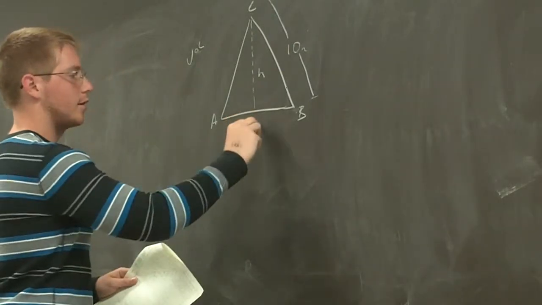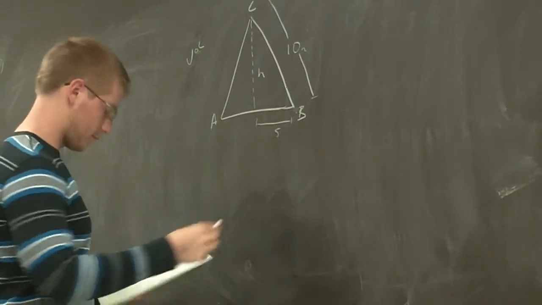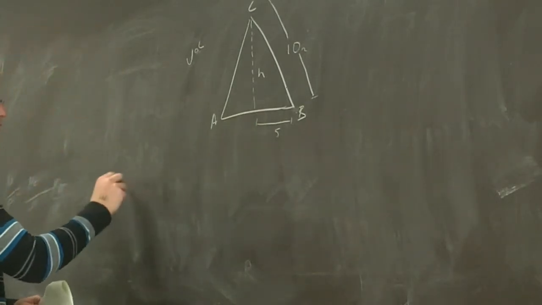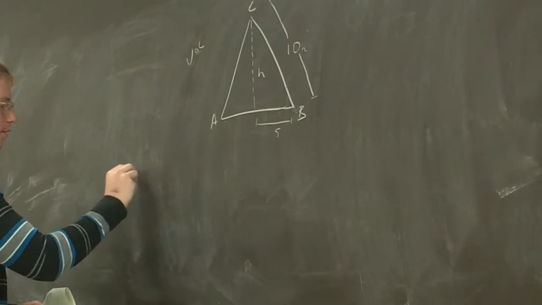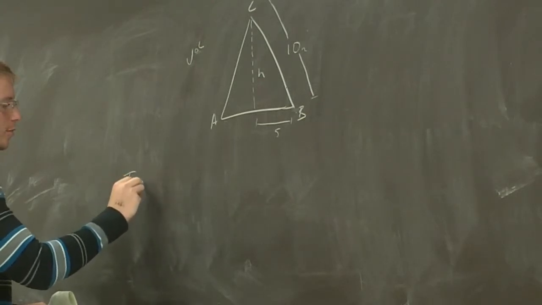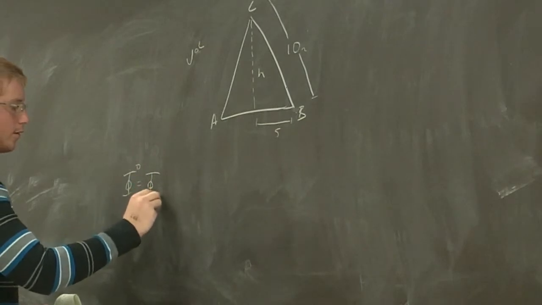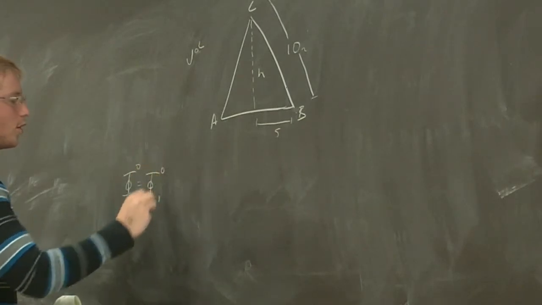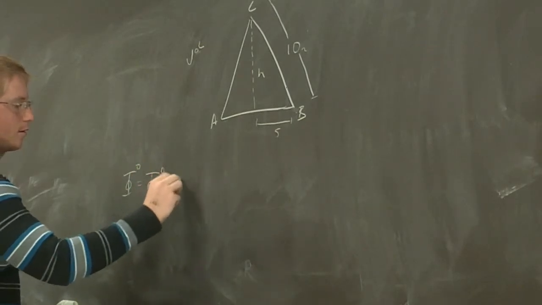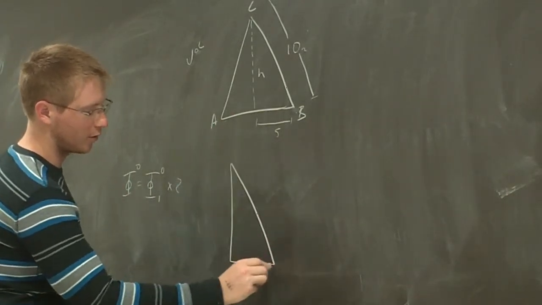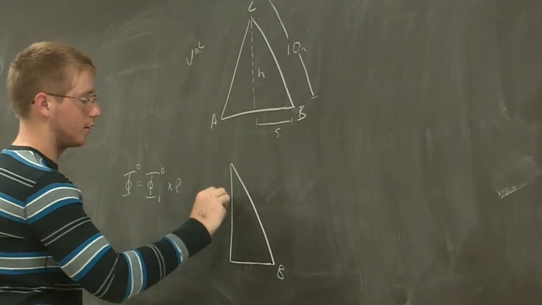So this distance is 5. From before, our total fluence is going to be equal to 2 times the uncollided fluence. I'm just going to call it fluence 1, because I'm going to break this down and just do half the triangle because it's easier.